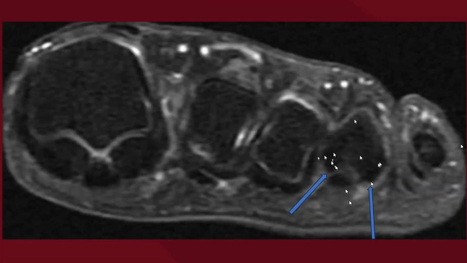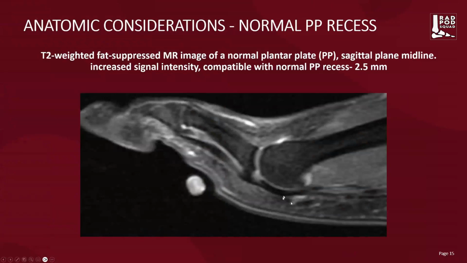So here are anatomic considerations at that distal attachment, loaded up so we can see a better example of what it looks like at the attachment of the distal plantar plate phalangeal attachment, seen here with low signal paired attachments on the proximal phalangeal base. I'd like to make a note about a normal plantar plate recess, which is generally thought to be no greater than 2.5 millimeters in width.